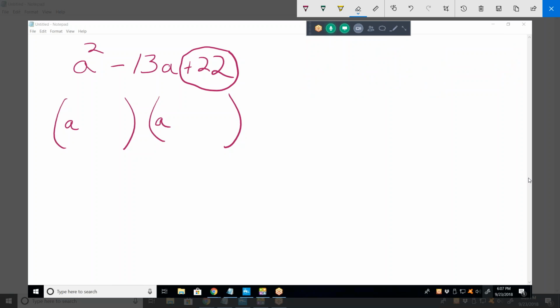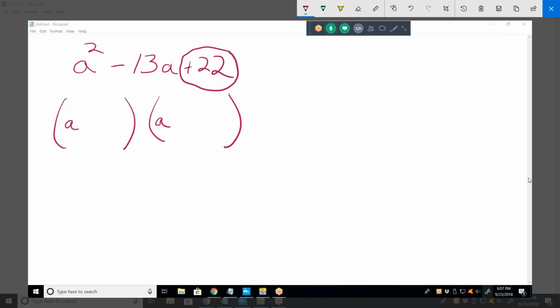They don't have to be both plus, but they got to be the same, because if they were different, I would not be looking at a plus 22. Remember the steps of FOIL. When you FOIL something, the L is the last two numbers multiplied together, right? So if you get a negative sign, one of them was positive, one of them was negative. If you get a positive sign, either they were both positive or they were both negative.